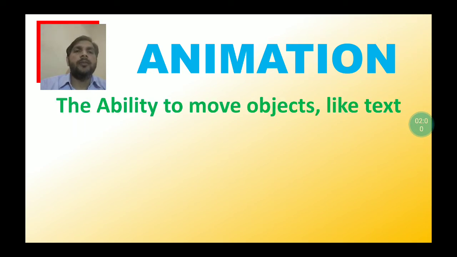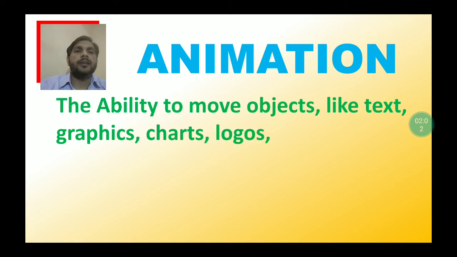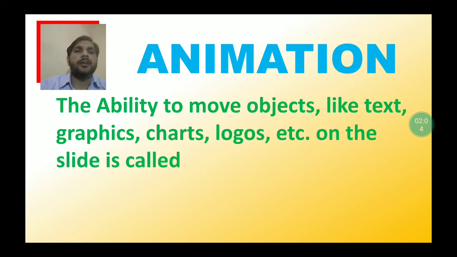The ability to move objects like text: how this text is appearing here, coming one by one, word by word. What is this effect? This effect has been created in PowerPoint with the help of an option called animation. Actually these words are being animated over the screen.